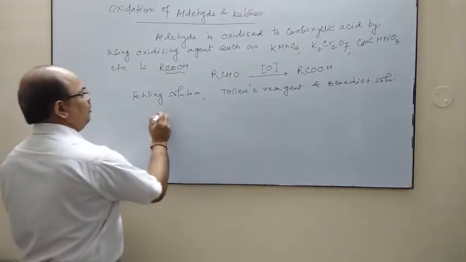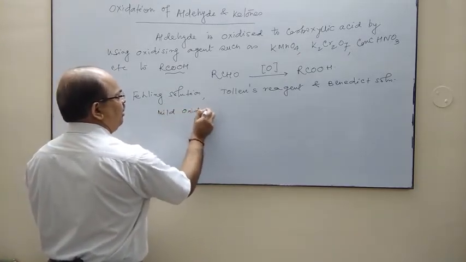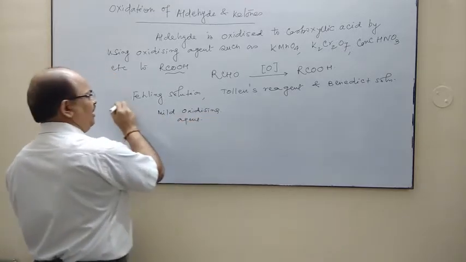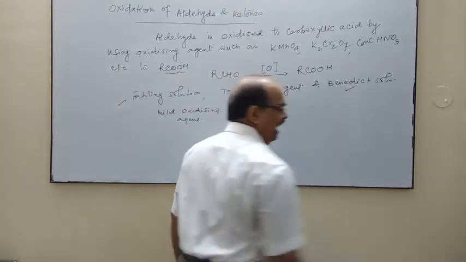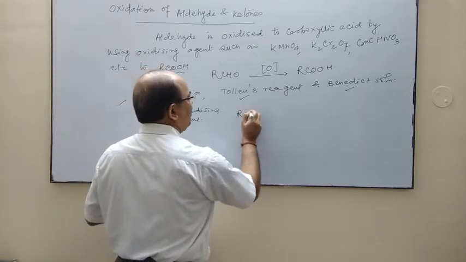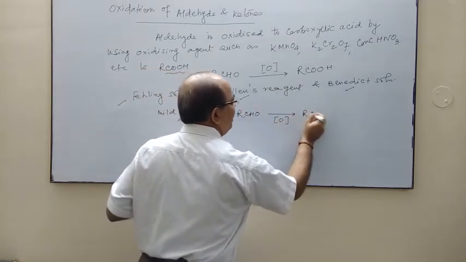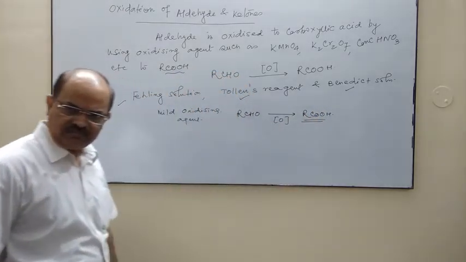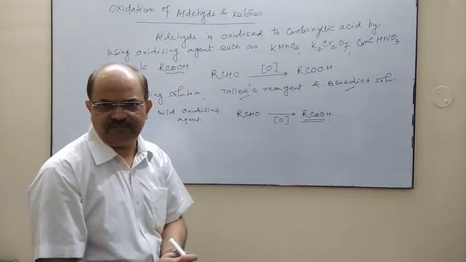So even by using mild oxidizing agents such as Fehling solution, Tollens reagent, and Benedict solution, we can oxidize an aldehyde to the corresponding carboxylic acid salt, or you can say simply carboxylic acid.